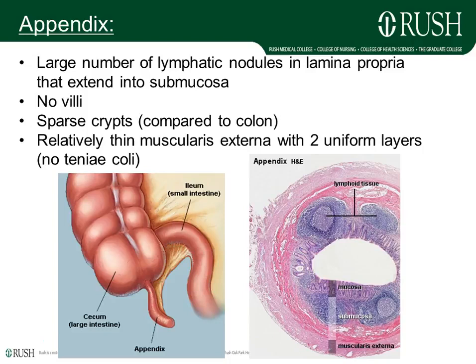Just like the colon, there are no villi, but there are crypts. However, the crypts are very sparse here compared to the colon. It has a fairly thin muscularis externa with 2 uniform layers, no tenia coli. That's a feature of the colon area, not of the appendix.